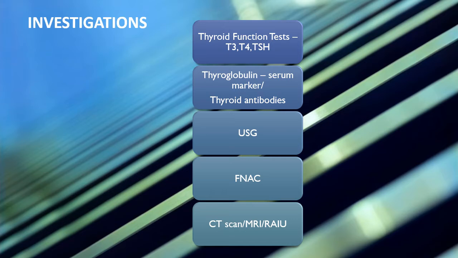It is easily available and it gives you immediate results to determine whether the lump that we are dealing with is malignant or benign. In a vast majority of cases, it is quite reliable. The other scans, the CT scan, MRI, and the radioisotope uptake scans are done when and where necessary, not routinely for all cases.